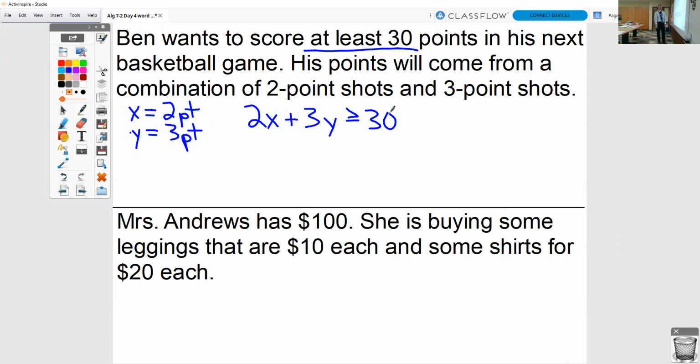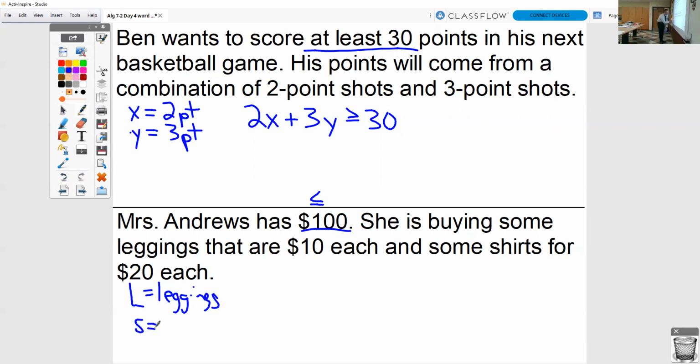Now, Mrs. Andrews has $100. That's all that she can spend. Could she spend less than 100? Sure. Could she spend equal to 100? Sure. But she can't spend more than 100 if she only has $100. So she can spend less than it or equal to it. She's buying some leggings that are $10 each and shirts that are $20 each. I'm going to use the capital letter L for leggings, and S for shirts.